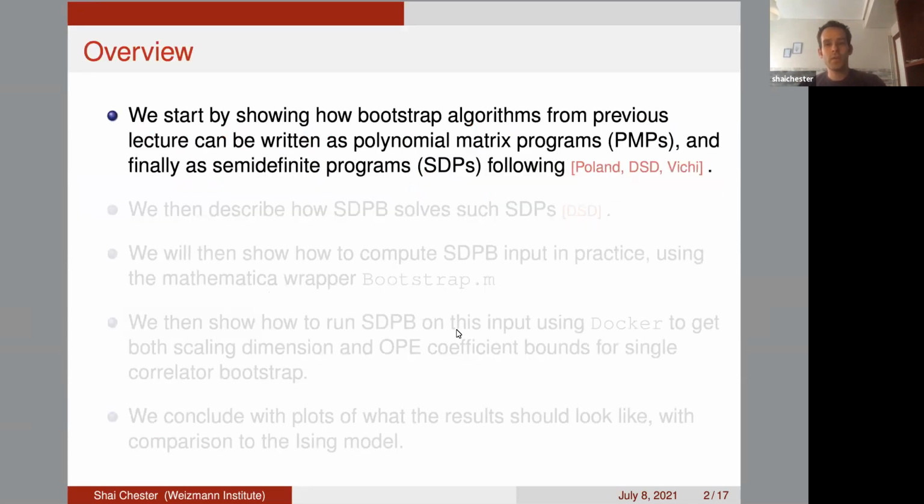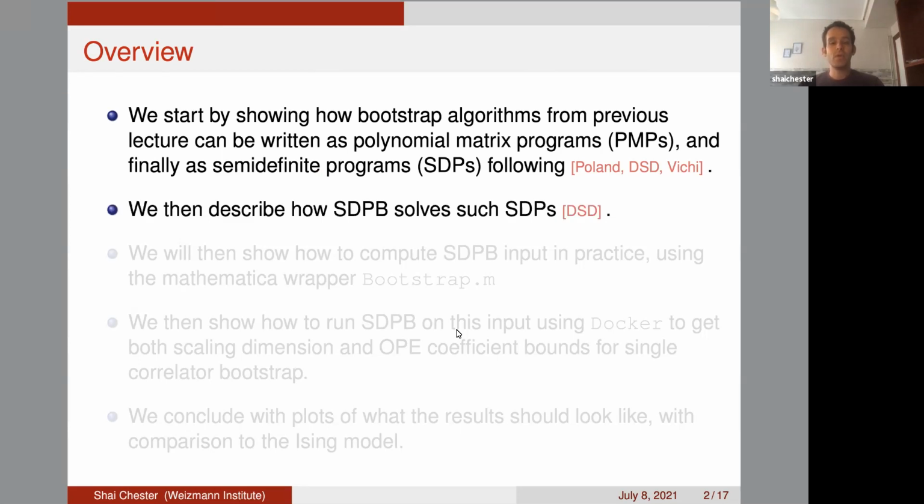So let's start with an overview. First, we're going to start by showing how Bootstrap algorithms from the previous lecture can be written as a polynomial matrix program. And then we can rewrite that as something called a semi-definite program. And for this, we're going to follow the original paper by the following authors.